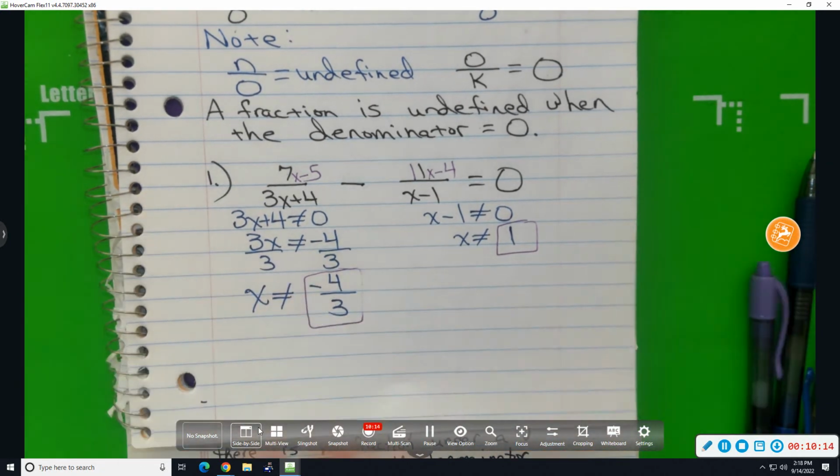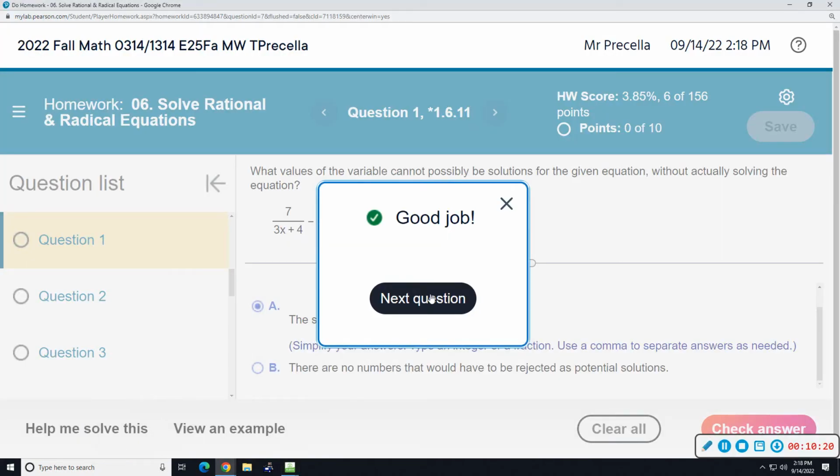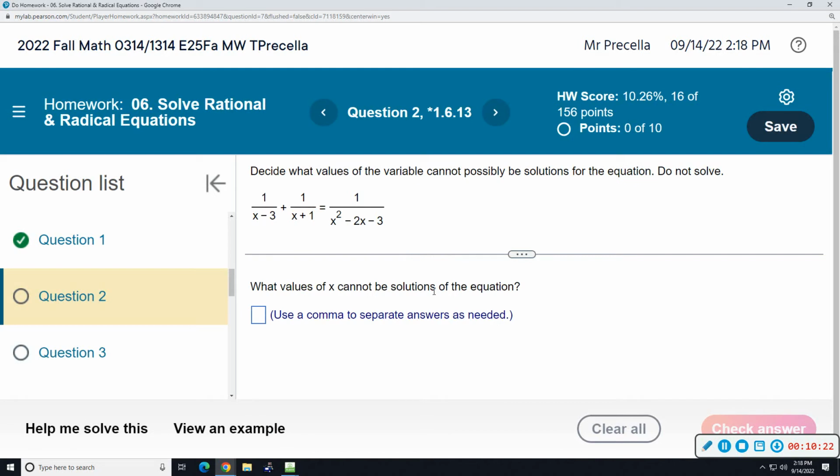Okay, number 2. Decide what values the variable cannot possibly be for solutions of the equation.